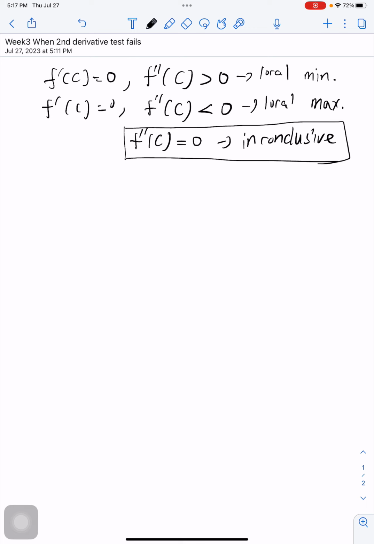So my suggestion is that we can go back to use the first derivative test. If inconclusive, then probably it is the best practice to apply the first derivative test.